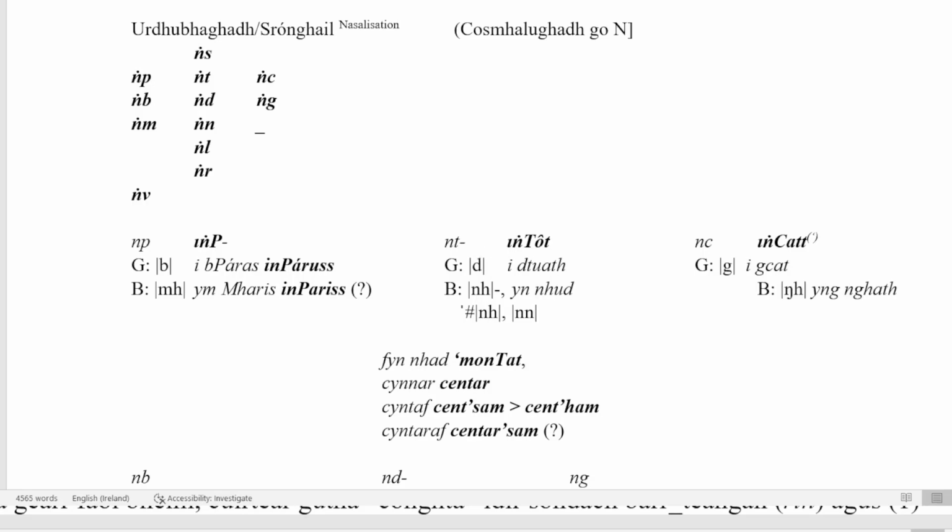Am I right with that? Indeed. Yes, sorry. NH. And then, so in a cat, for example, again, the nasalized C becomes a G in Gaelic, but it becomes this aspirated in heart in Welsh.